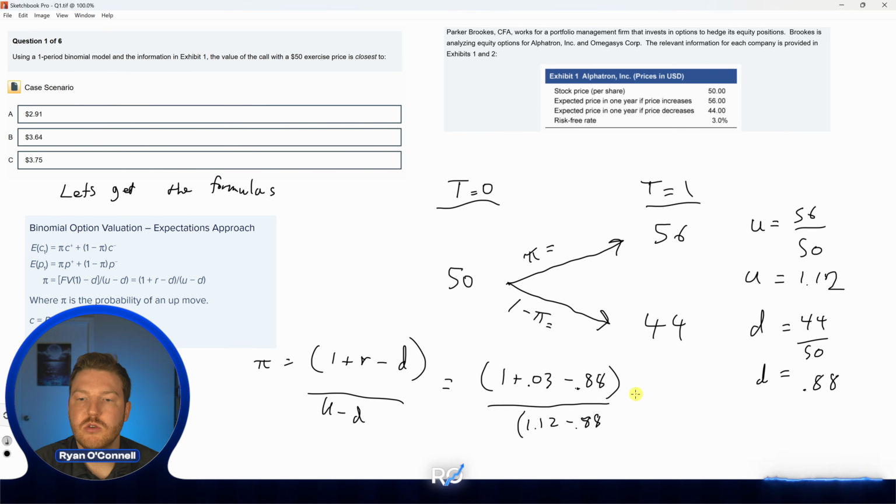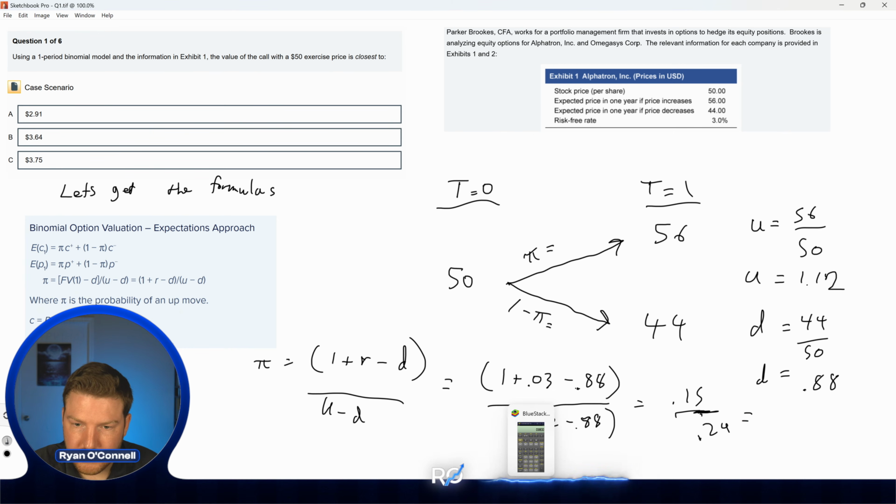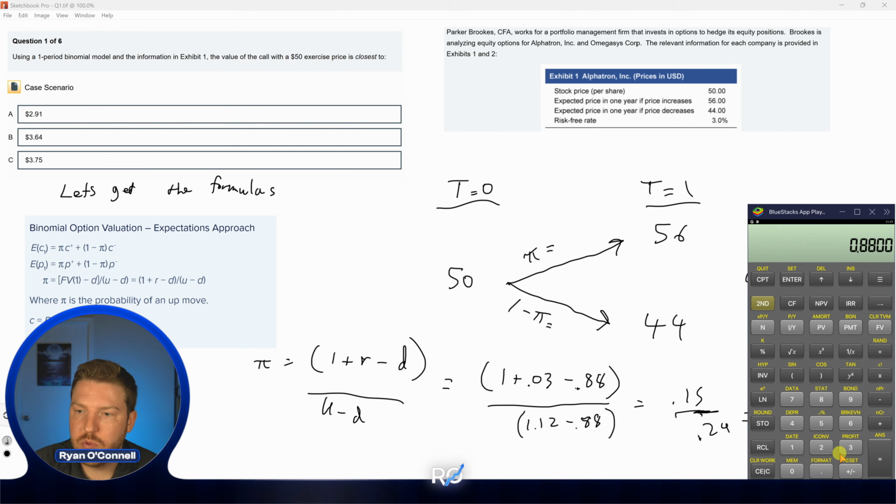Now if I just do some mental math, that should be 0.15 over 0.24. It's dangerous when I start doing mental math like this. Let's see. I'm not going to even rely on my mental math, so I'll punch it in.